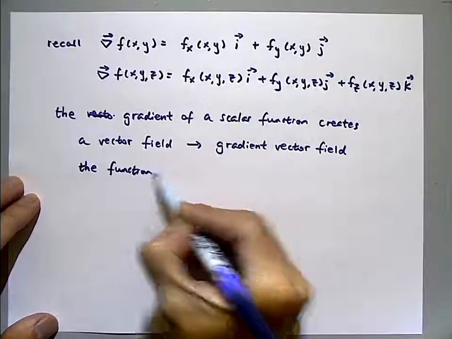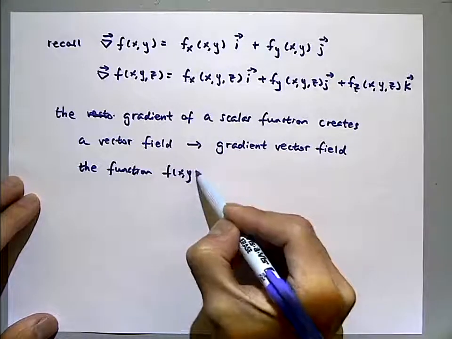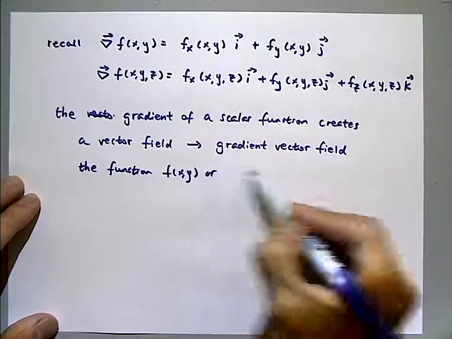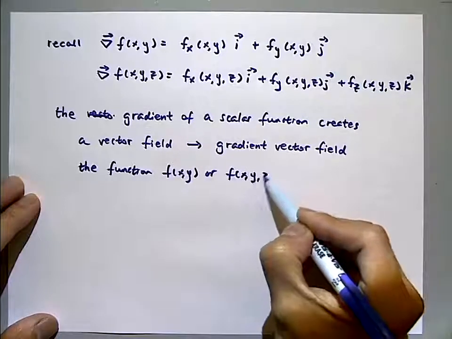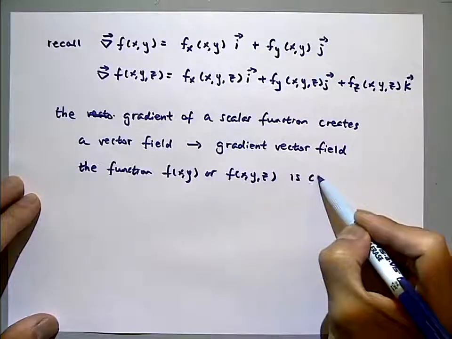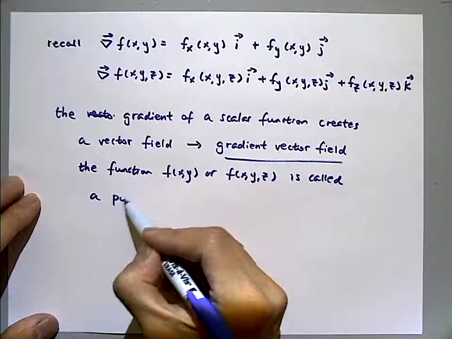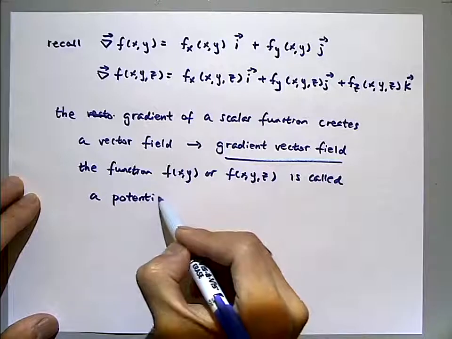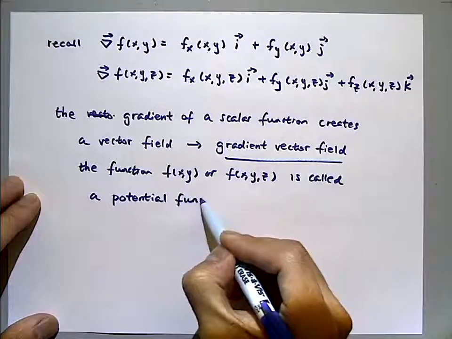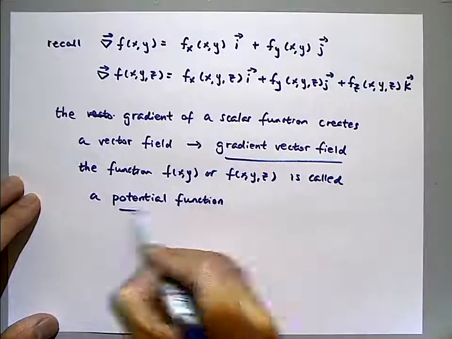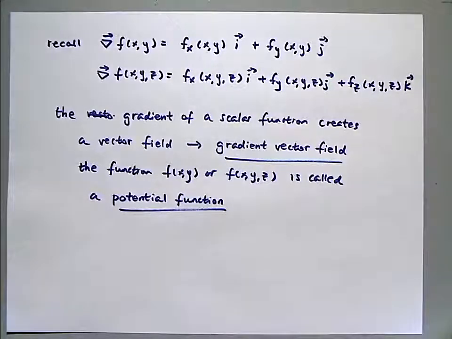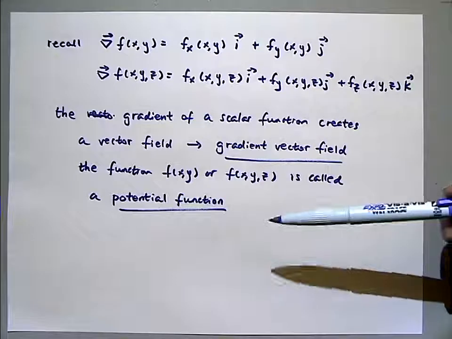The function f of x, y, or f in 2 or 3 dimensions, doesn't matter, is called a potential function. And the reason is because we derive the gradient vector field from some source, and we call that source the potential function.